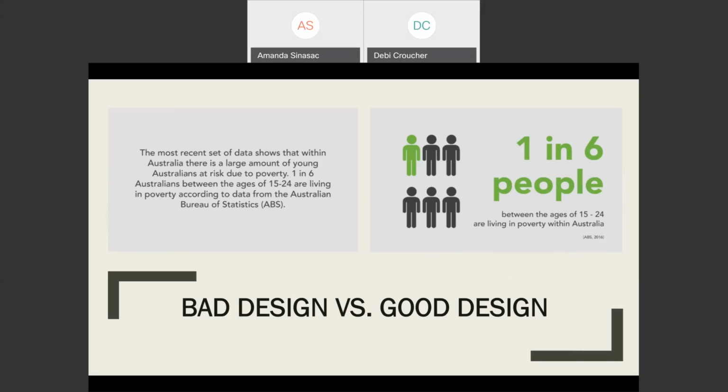But on the right, we have that very easy to digest, visually pleasing design, and it's just really easy to navigate because it sort of leads your eye naturally. So those are some examples of how you can use text to your advantage and also to your disadvantage.